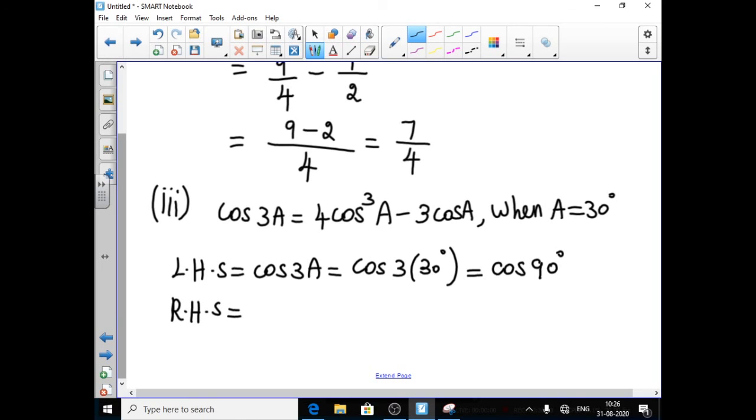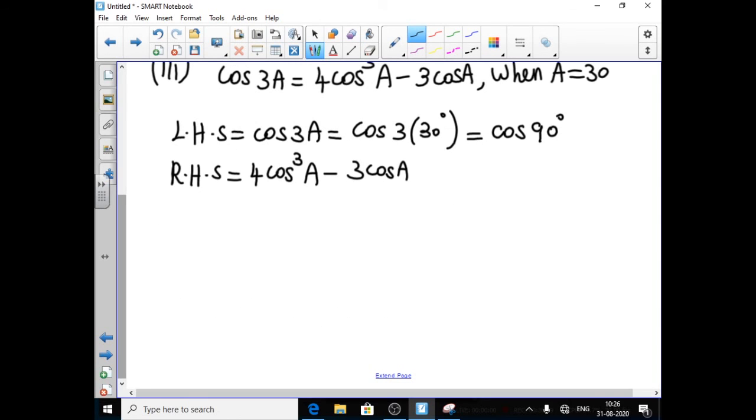RHS is equal to 4 cos cube A minus 3 cos A, that is equal to 4 cos cube 30 degree minus 3 cos 30 degree. Here the cos 90 degree value is 0.